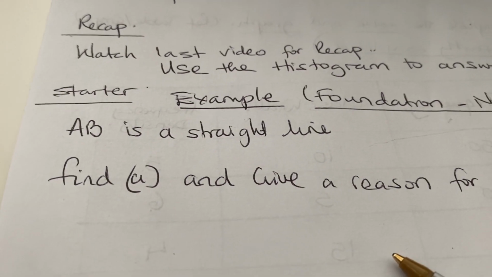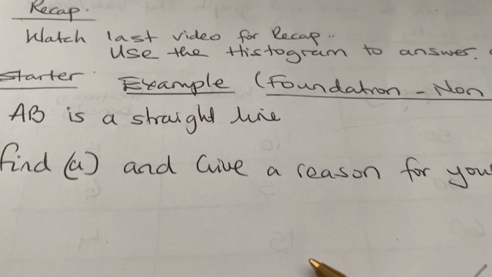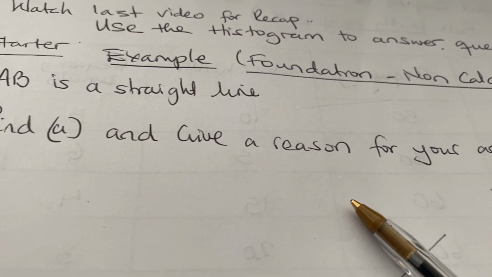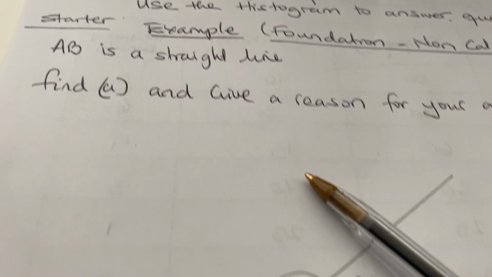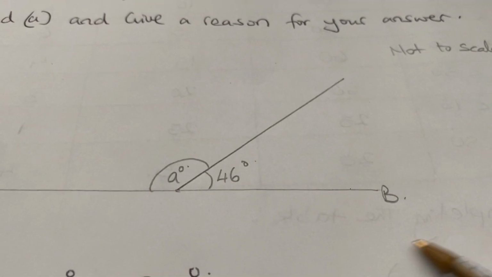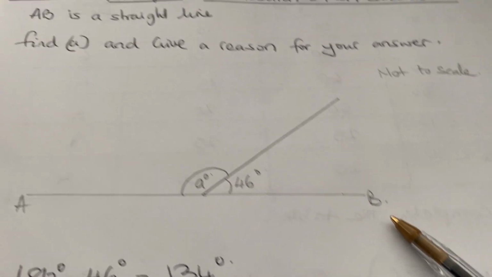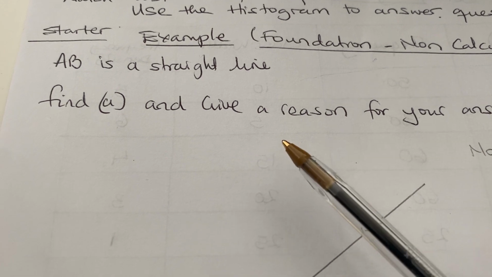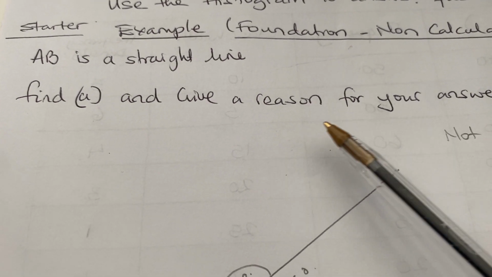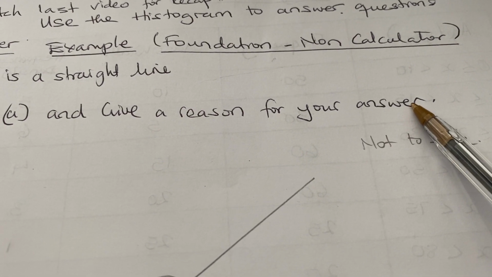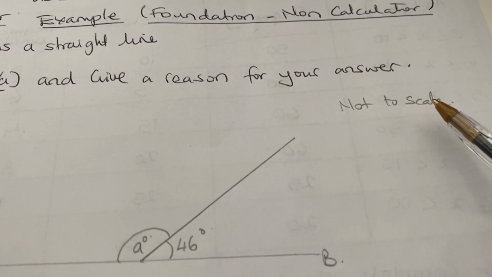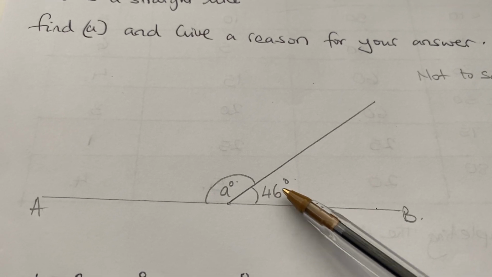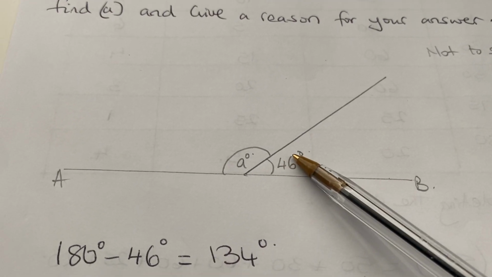Now our starter today is a foundation non-calculator paper. AB is a straight line, this AB here, A and B. Find A, and give your reason for your answer. This diagram is not to scale. Now how did I find A?